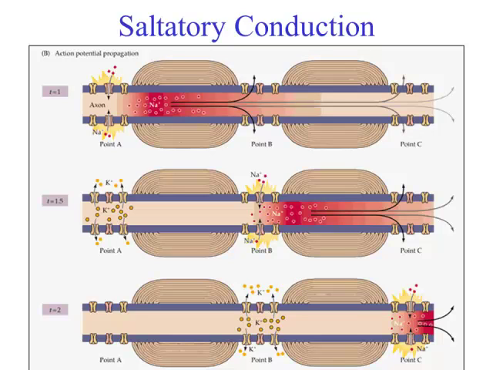So if you have all these positive ions and then all the rest of the inside of the axon is negative, then they're going to want to follow that. They're going to go, hey, I want to be where it's negative. And it does this quite quickly.